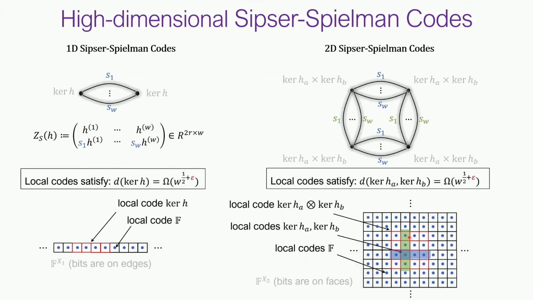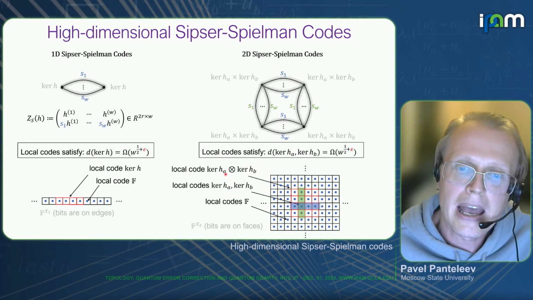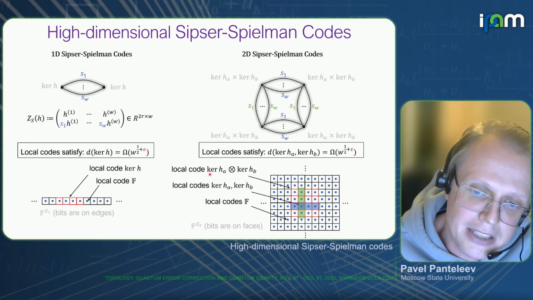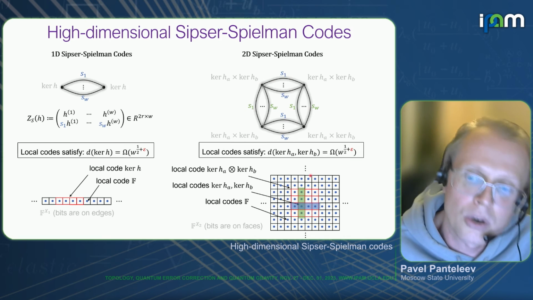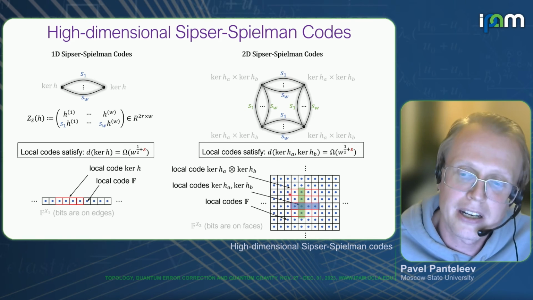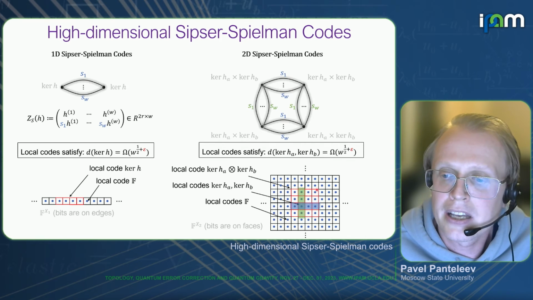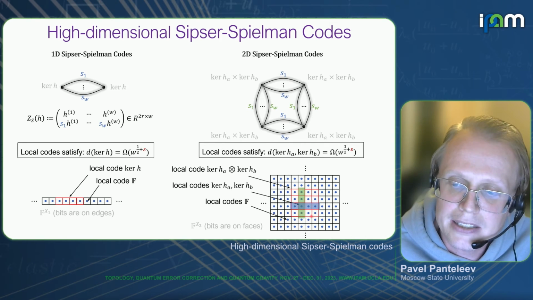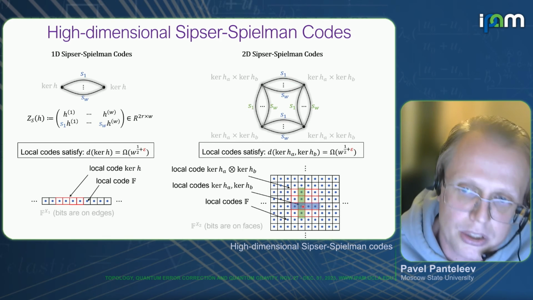Other constraints correspond to rows and columns of this local code. And another type of constraint is applied to a matrix. Altogether, we can view these constraints as constraining this rectangular section to be a product code.